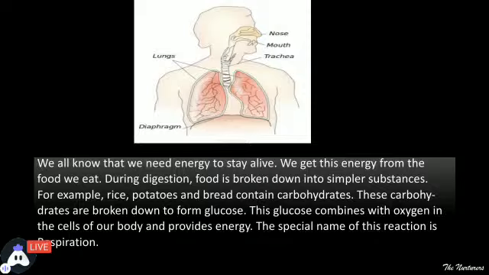For example, rice, potatoes, and bread contain carbohydrates. These carbohydrates are broken down to form glucose. This glucose combines with oxygen in the cells of our body and provides energy. The special name of this reaction is respiration.